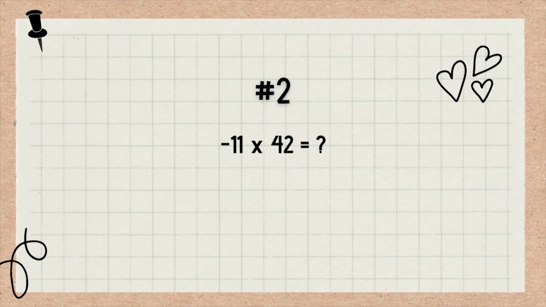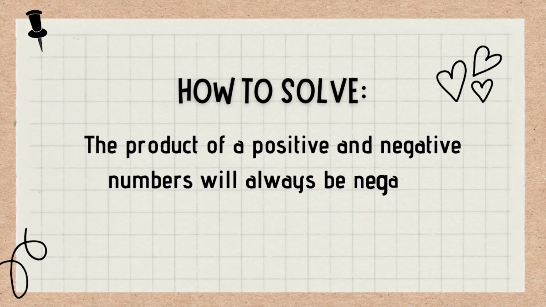The middle digit would be the 2 digits added together. So 4 plus 2 is 6. So what are the 3 numbers we have? 4, 6, and 2. So voila, that's the answer to 11 times 42. And now that we know that it's a negative number, it would be negative 462. So that is how you solve the second question.